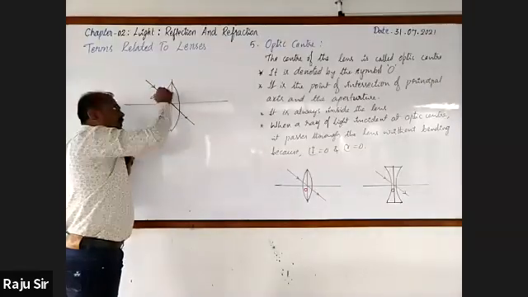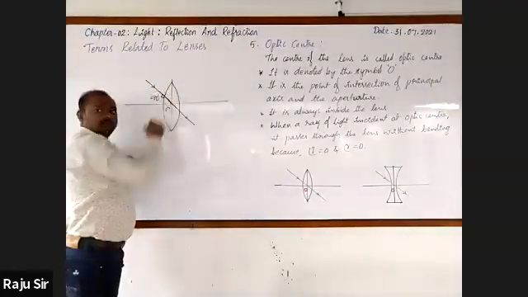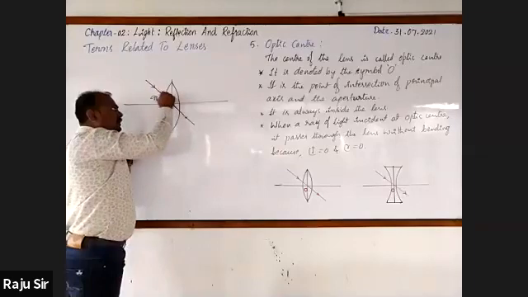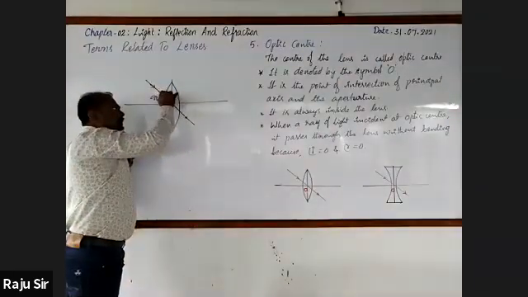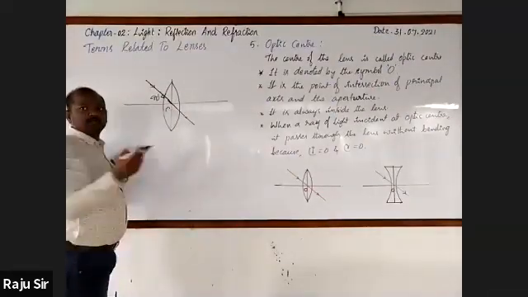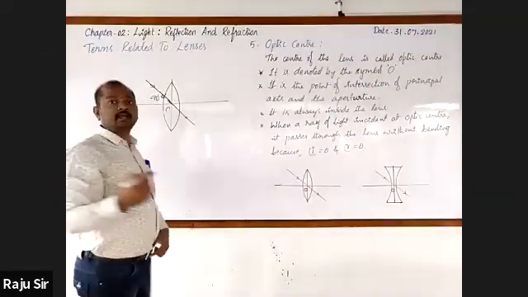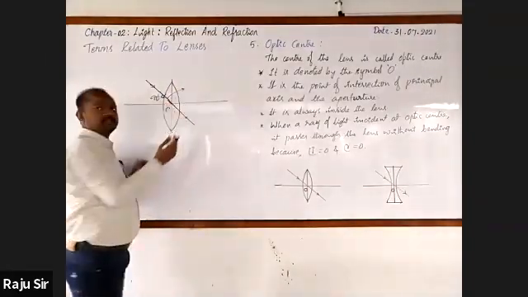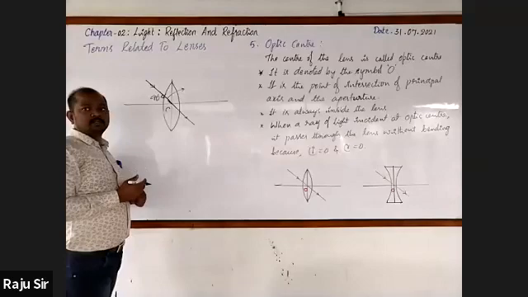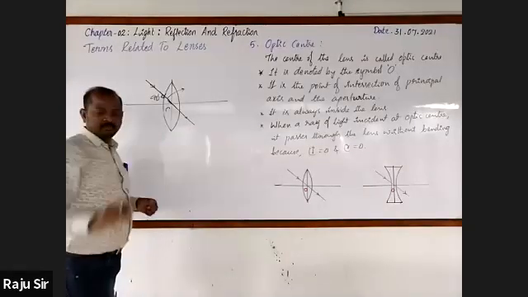See that the normal is drawn here. The normal and the incident ray coincide with each other. When they coincide, what is the angle of incidence? 0 degrees. The angle of refraction will also be 0 degrees.